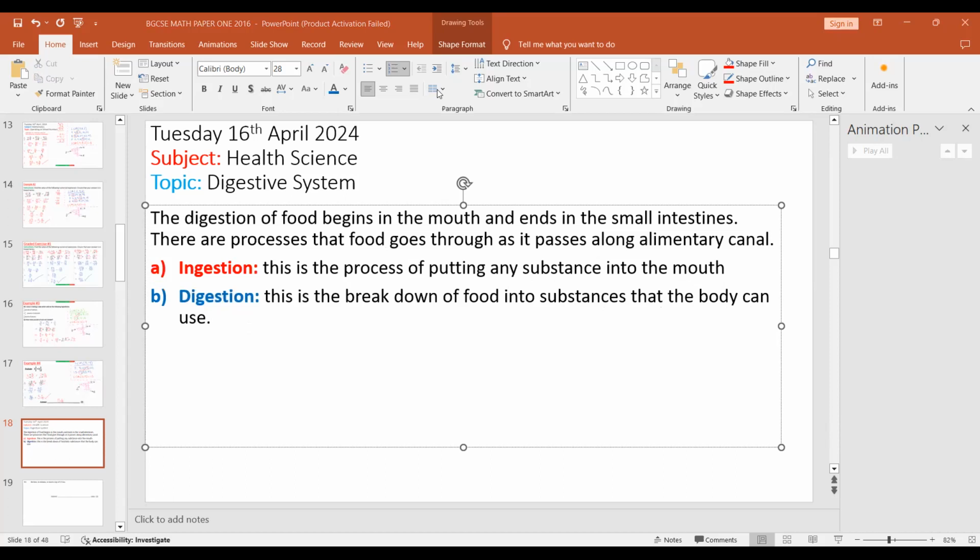Question, China, what is ingestion? Ingestion is the process of putting any substance into the mouth. Say it again. Ingestion is the process of putting food in the mouth. Very good.